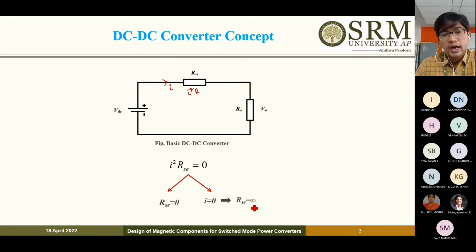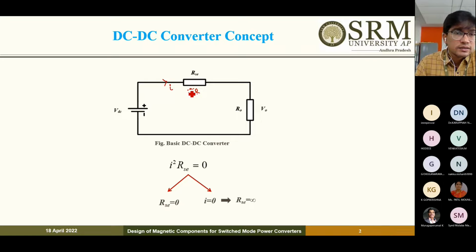This can be achieved ideally by replacing this resistor with any power semiconductor device, that may be a MOSFET or IGBT or GTO or SCR or anything. By replacing this resistor with a semiconductor device like a MOSFET, ideally speaking, the on resistance of the device will be 0, which means R will be 0.